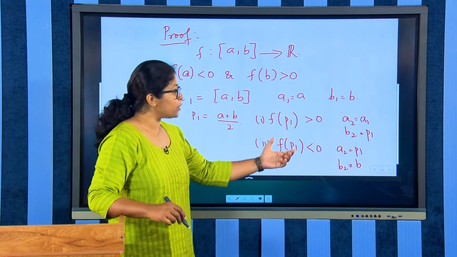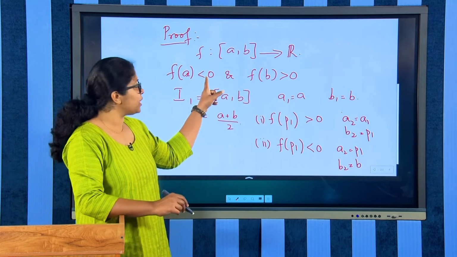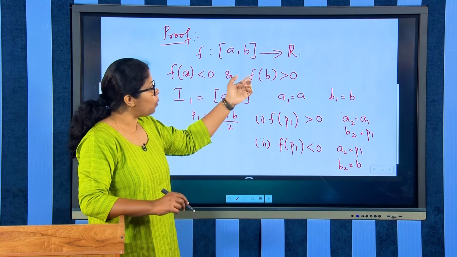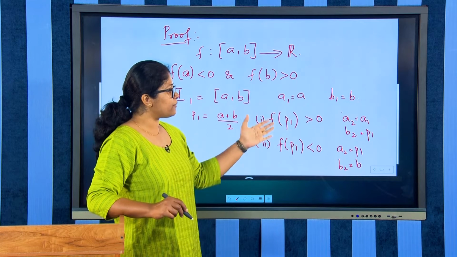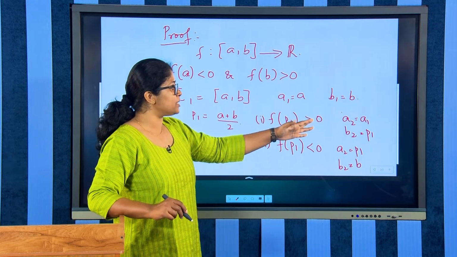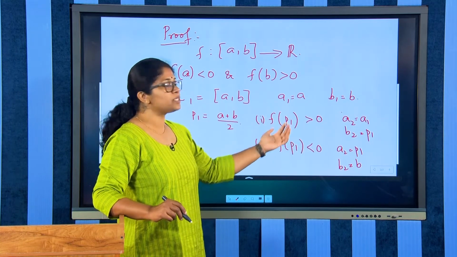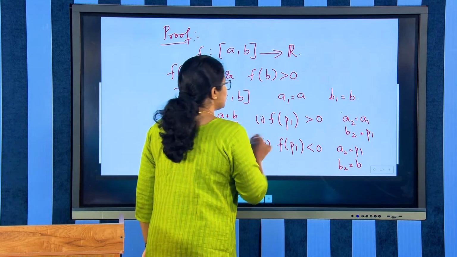Now, what is the importance of doing this? Again, the same condition as given, f of A less than 0 and f of B greater than 0, holds for this interval also. That means the left side is negative and the right side is positive; that condition holds.